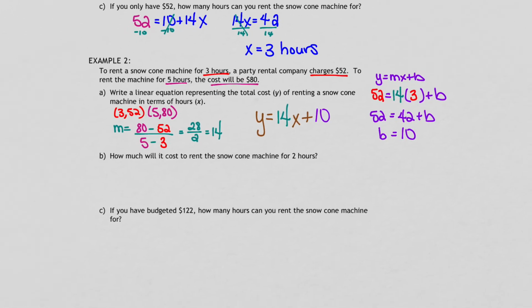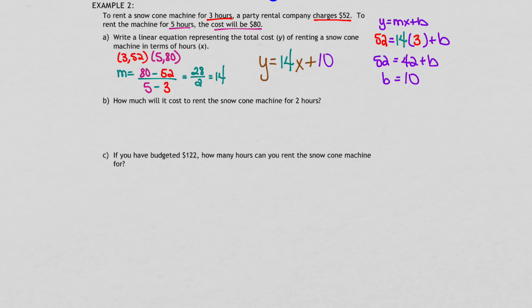It says, how much will it cost to rent the machine for 2 hours? Plug in 2 for x. So 14 times 2 is 28, plus 10 is, it will cost $38.